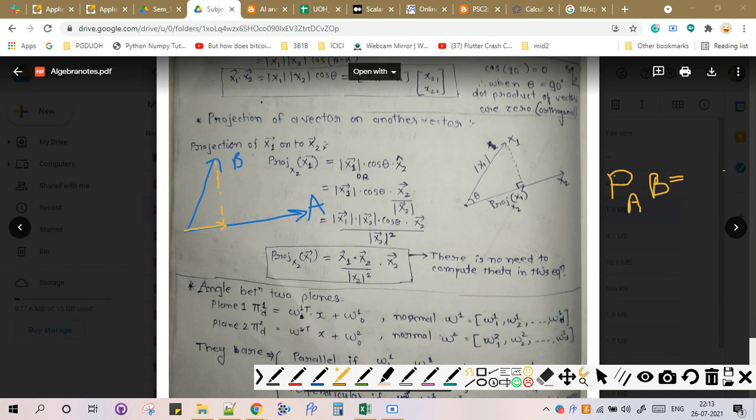And how do we get the unit vector? The unit vector is very simple. Just take the vector A and divide by its magnitude. Then we just need to multiply this by this vector. Let's say this vector is M for a moment.